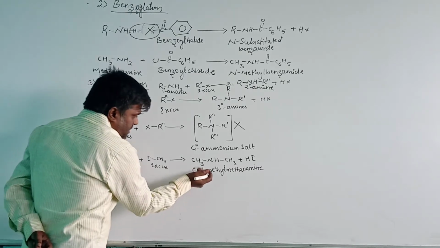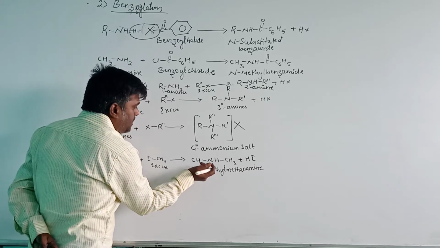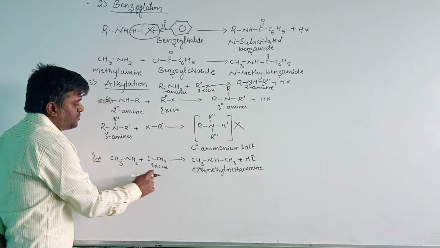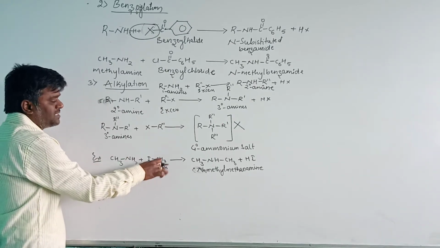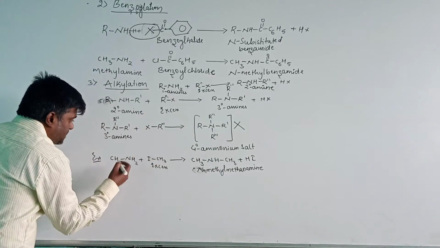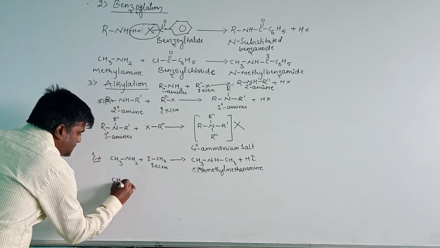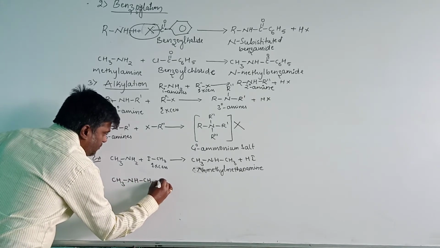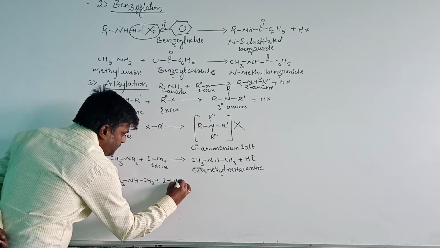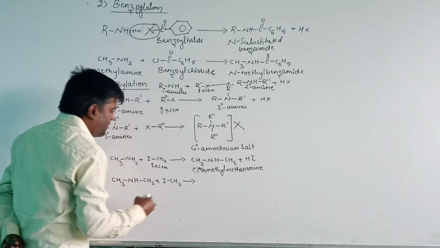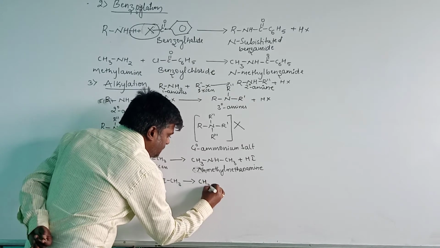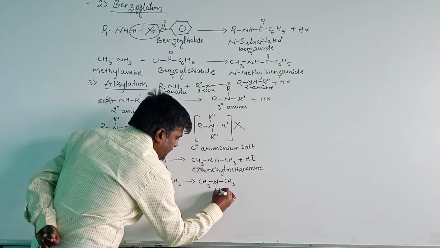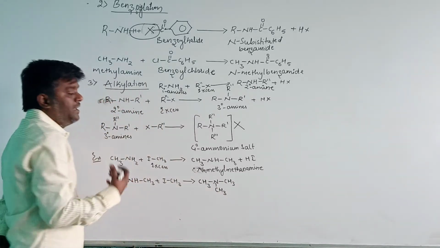Then this secondary amine, N-methylmethanamine, further undergoes alkylation because we are taking an excess amount of alkyl iodide, that is methyl iodide. CH3NHCH3 further undergoes alkylation to form the tertiary amine (CH3)3N.